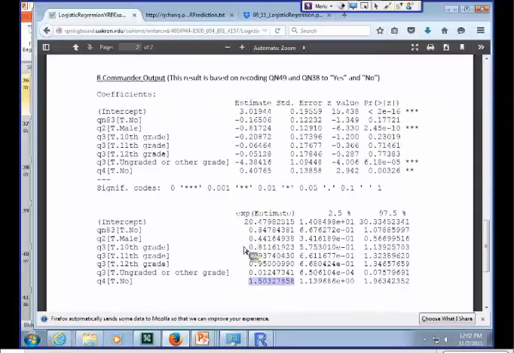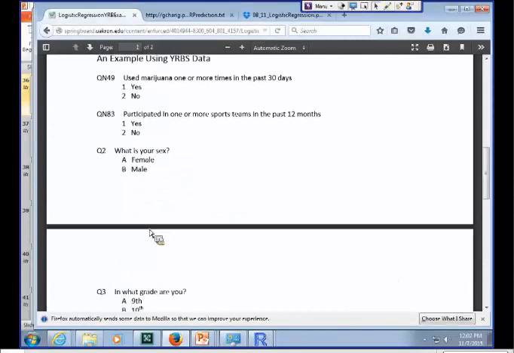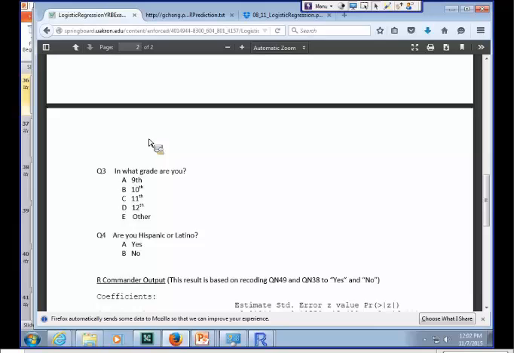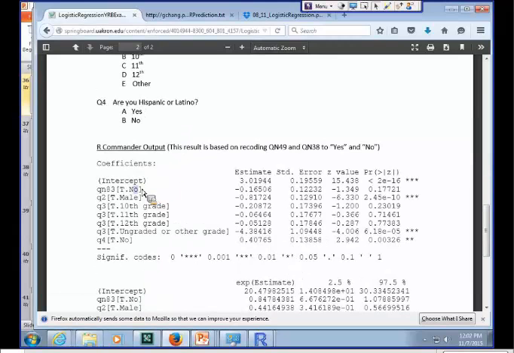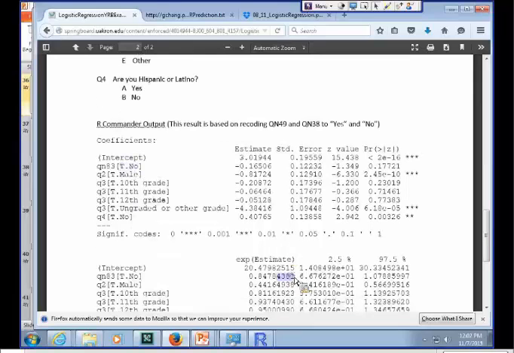And here, B3 no is the question: did you participate in one or more sports teams in the past 12 months or not? It indicates no. That means if you did not participate, what are your odds of using drugs versus those who participate. And that's kind of weird, huh?